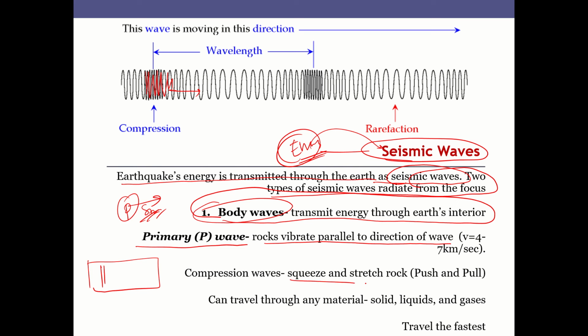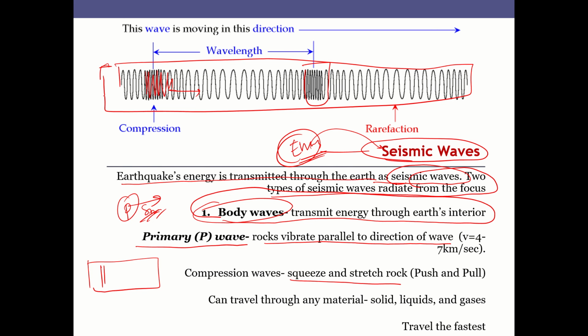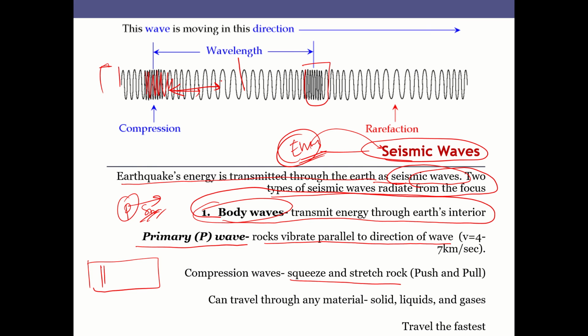Compression waves squeeze and stretch. For example, let's say if this is the Earth surface, or this is one of the plates that we are discussing, the movement of energy is parallel. It's not moving the energy up and down. It is parallel to the Earth's surface.